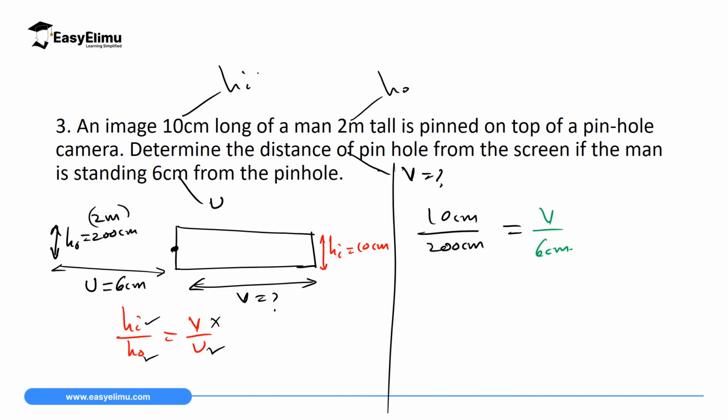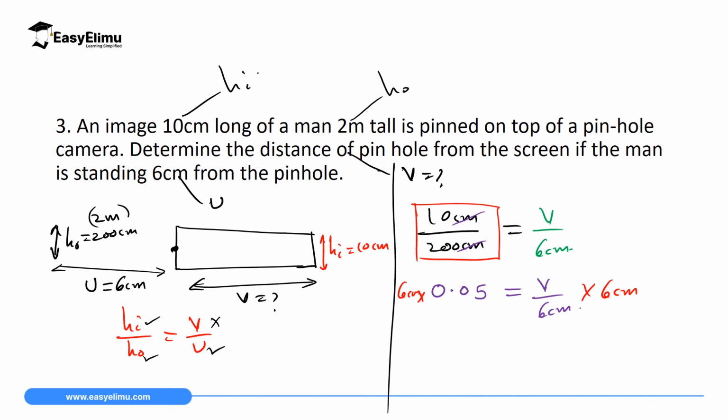Then in this case, we solve on the left hand side. It is 10 divided by 200. Remember, centimeter will cancel out with centimeter. Now 10 divided by 200 is the same as 0.05, which does not have units, is equals to V all over 6 centimeter. Then if we need V, which is the image distance, we multiply by 6 centimeter on both sides.